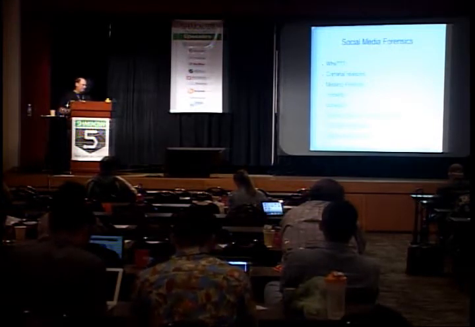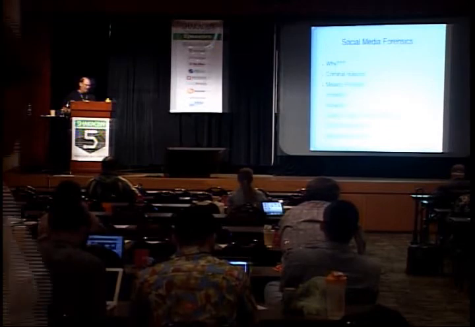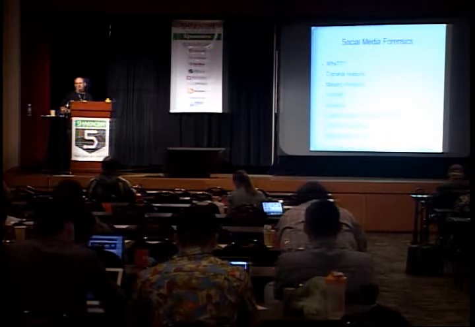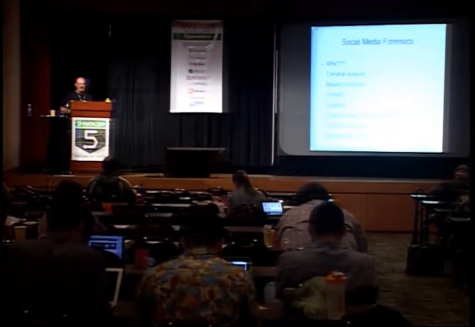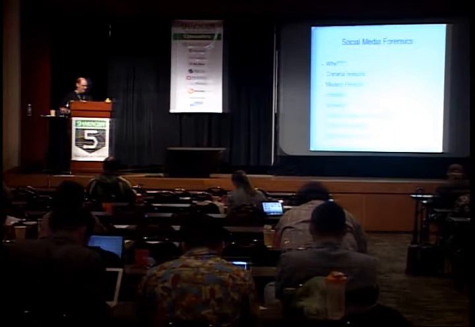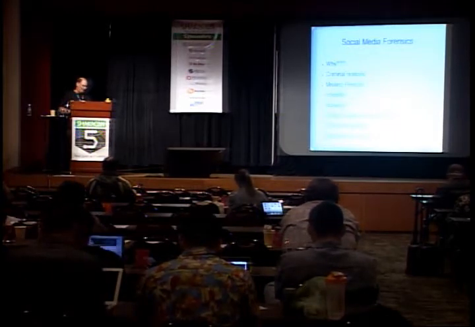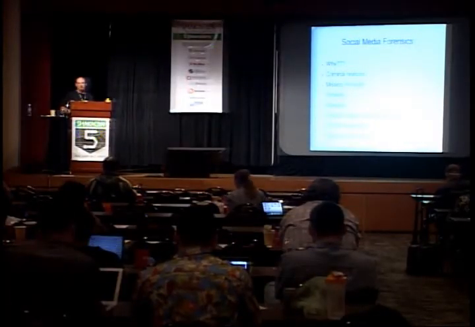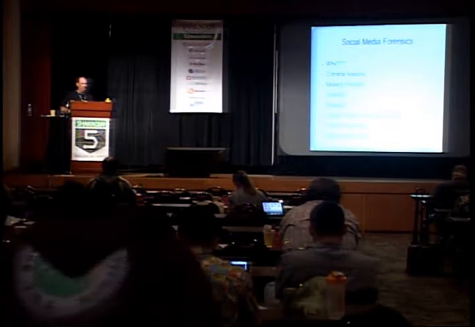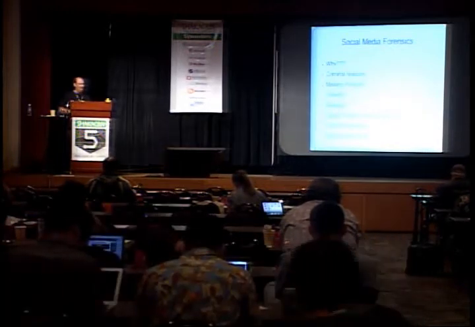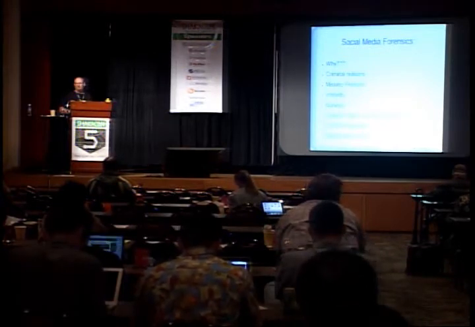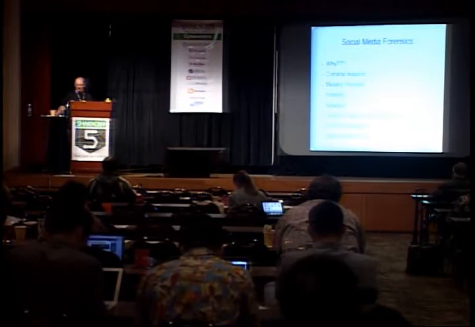So why are we interested in social media forensics? Well, a whole number of reasons. One, as I mentioned earlier, criminal reasons. We use it to track bad people, find relationships between bad people, good people, other people. We've used it to track people that are sharing links to illegal content or illicit content. We've used it to find missing persons, or to hunt down missing persons or get clues to where missing people might be.